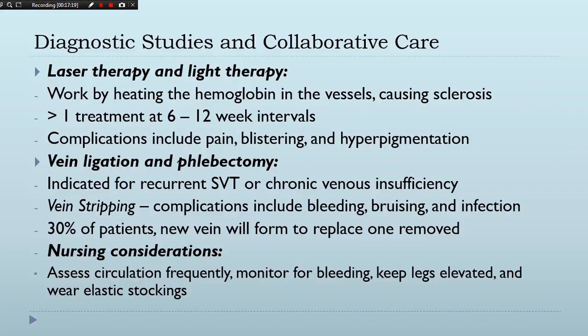In 30% of these patients who have ligations and phlebectomies, a new vein will eventually form to replace the one that's been removed. Some nursing considerations with vein ligation and phlebectomy is you're going to assess their circulation post-operatively, monitor the patient for bleeding, keep their legs elevated, and they're going to wear elastic stockings.